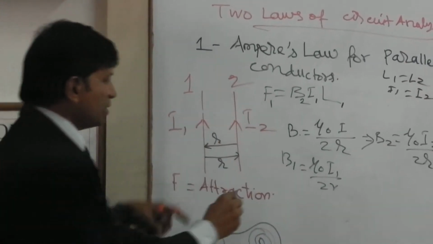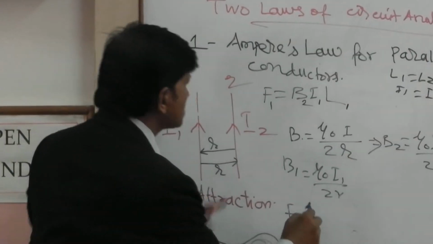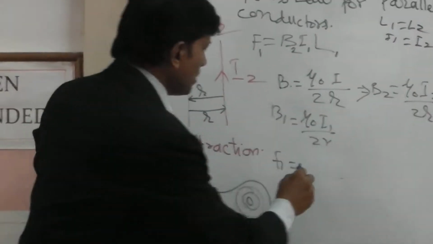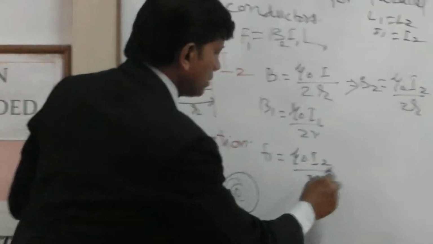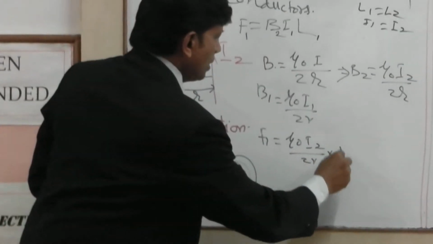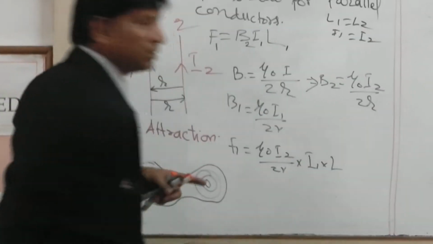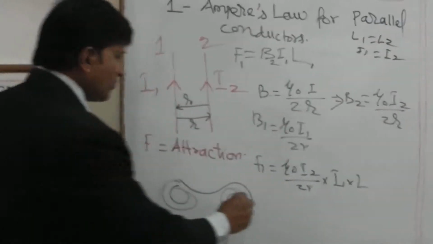So what is F1? F1 is B2. Apply this formula: mu0 I2 upon 2R into I1 into L. What is F2?